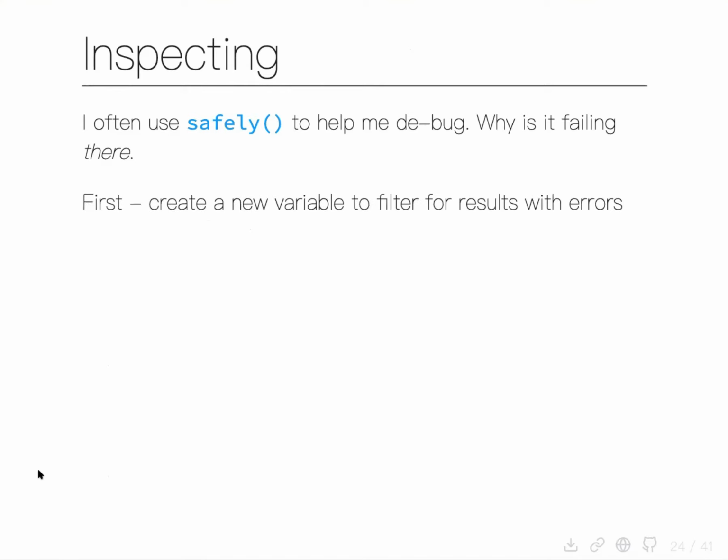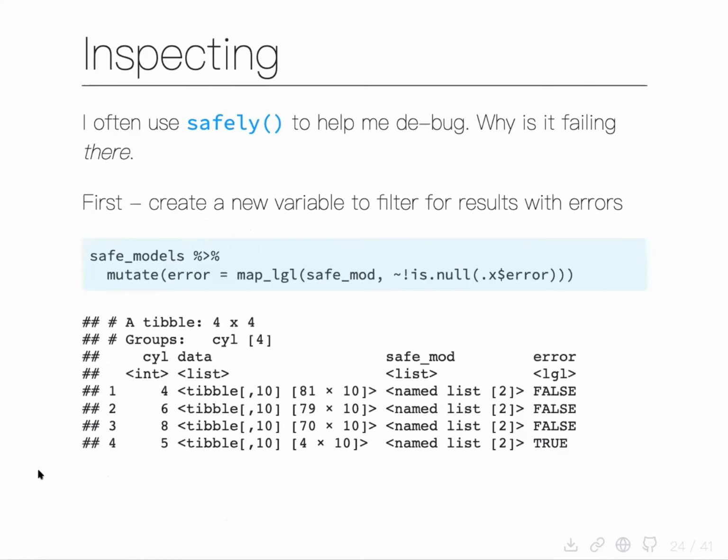Regardless of whether I just want the results or I'm debugging, I almost always do this part first, where I create a new vector that tells me whether that row of the data frame had an error or had the result. This is how I would do this. There are probably other ways, well, I know there are other ways, but this makes some sense to me. I'll walk through it because I think it is still rather complicated.